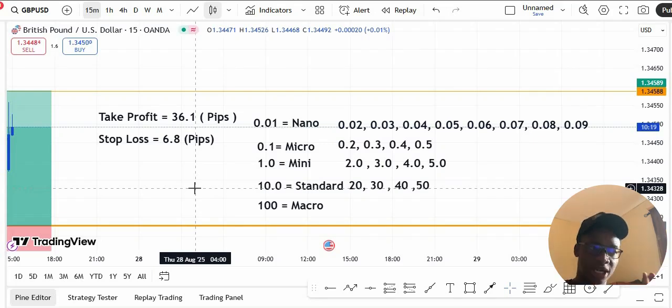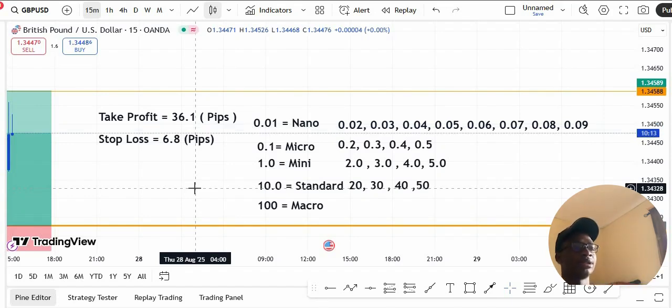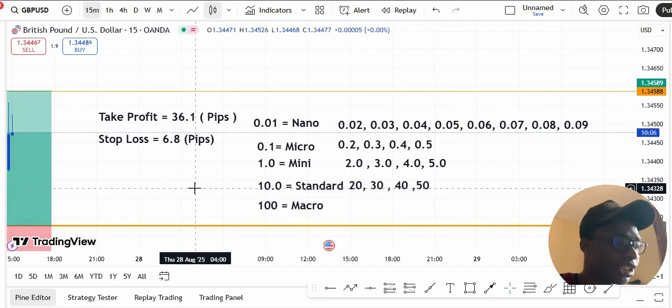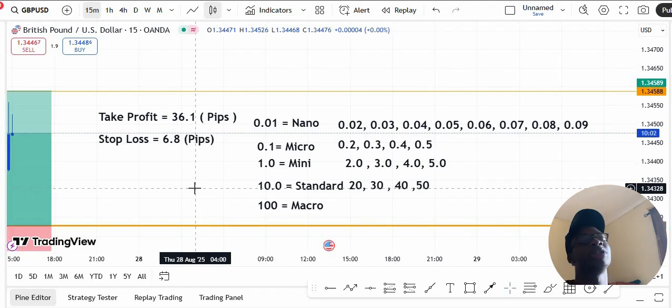Now we are talking based off digits, and we want to talk more on the money aspect. On the 0.01 lot size, which is the nano, each pip, because the market moves in pips, 1 pip, 2 pips, 3 pips, gives you 1 cent per move.